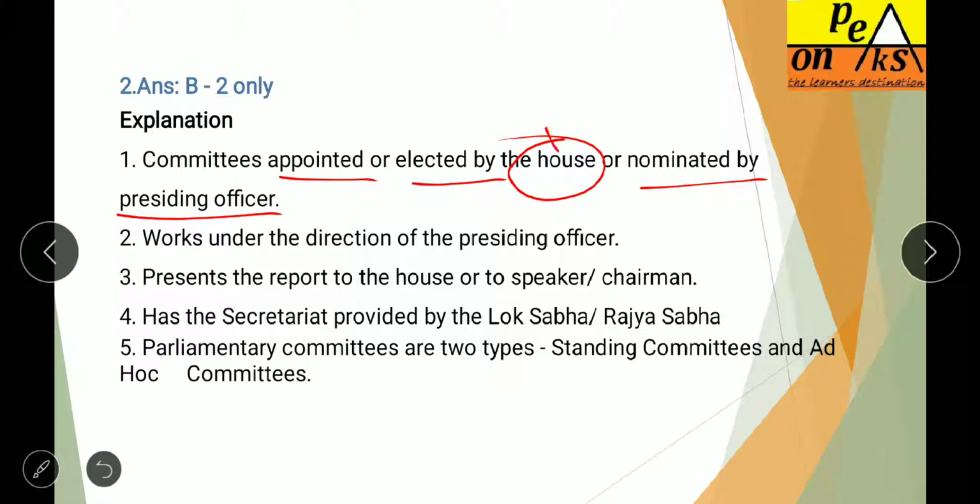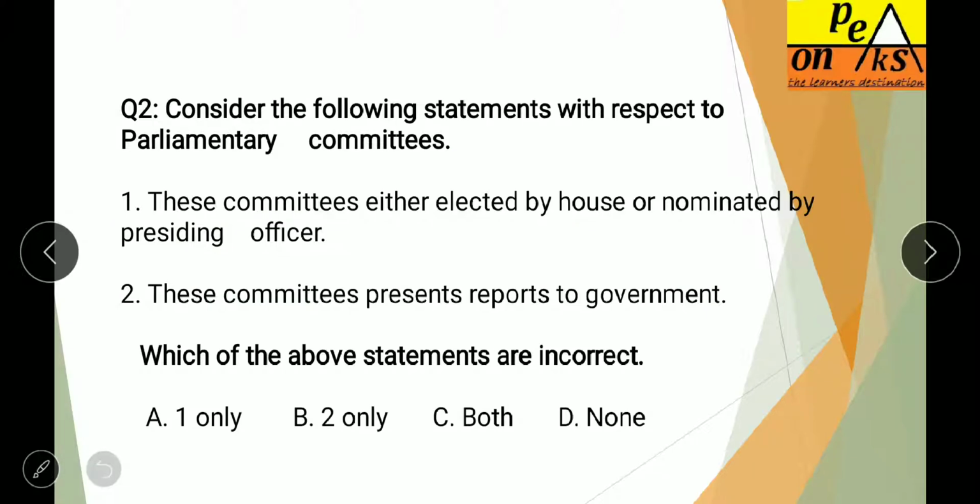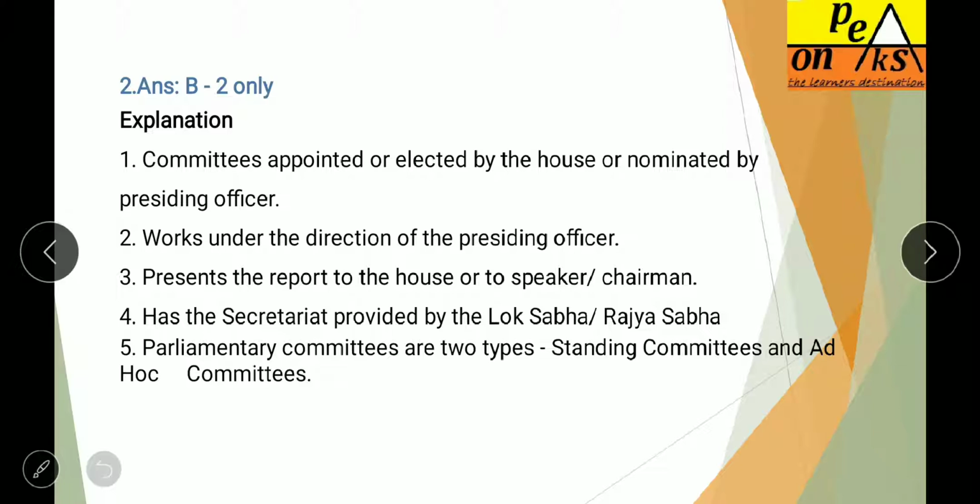Like the Estimates Committee and Public Accounts Committee are elected, and other standing committees are nominated by the presiding officer and work under the direction of the presiding officer. They present the report to the House or to the Speaker or Chairman, but in the question it was given as government. So government is wrong; the respective committee submits to the Speaker of the House or to the Chairman of the Rajya Sabha.